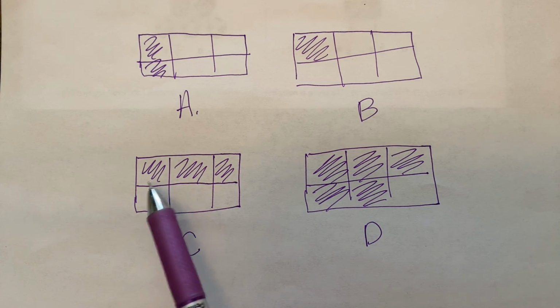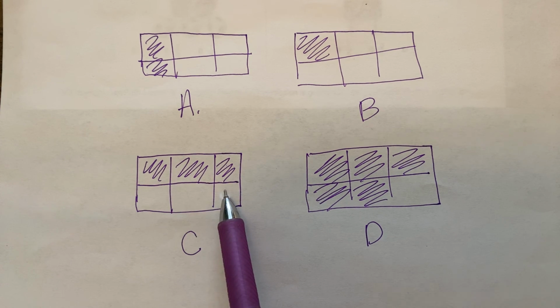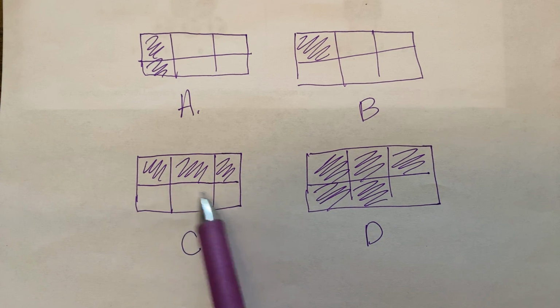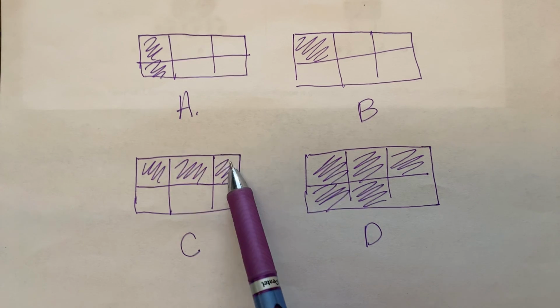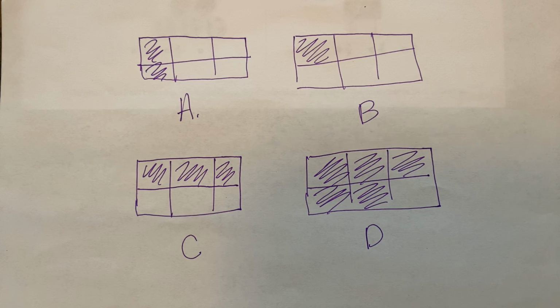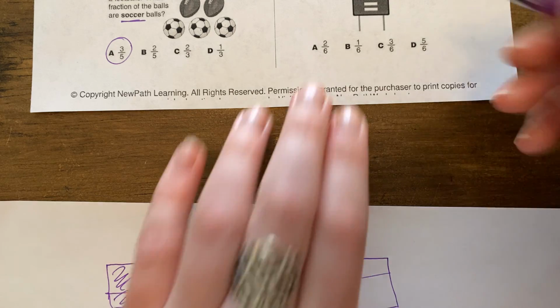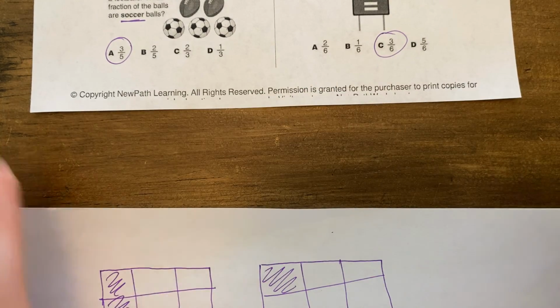Look, 1, 2, 3 got eaten. 1, 2, 3 were left alone. It's the same. The same number of pieces were eaten as were left. Okay? I hope that wasn't super confusing. So we're going to go with 3, that was C, 3 over 6.